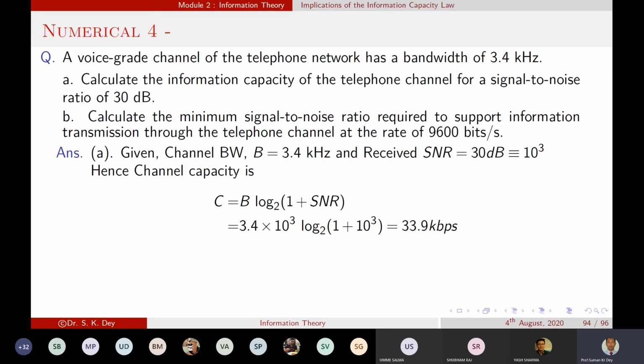From the channel capacity formula, we know C equals B into log 2 base 1 plus SNR. B we already know, 3.4 into 10 to the 3, log 2 base 1 plus SNR. If we put in this value, finally we'll get 3.9 kbps.